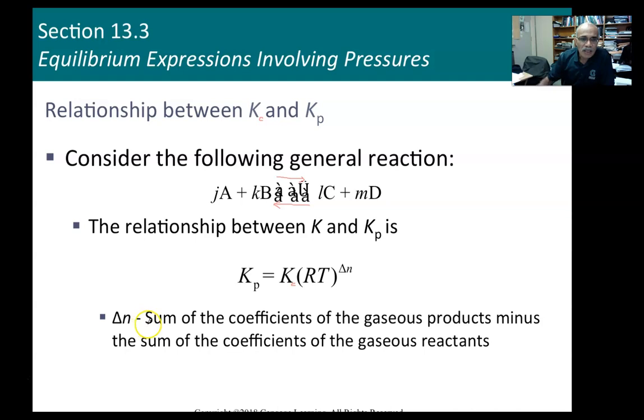This delta n is the sum of the coefficients of the gaseous products minus the sum of the coefficients of the gaseous reactants. Okay. You have to look at the chemical equation, like what is shown, and look at their states.